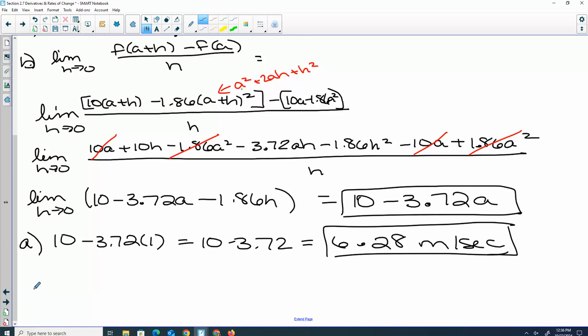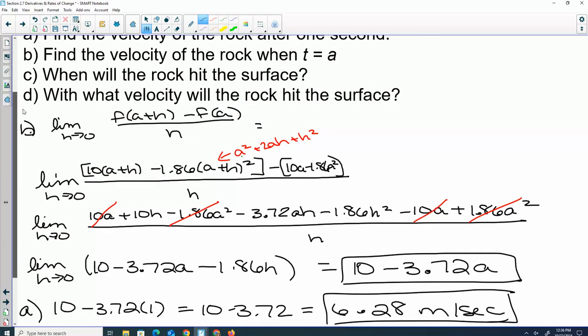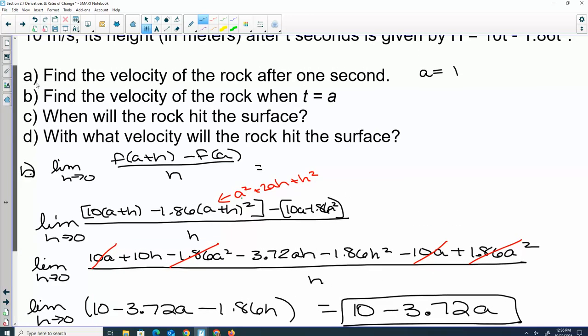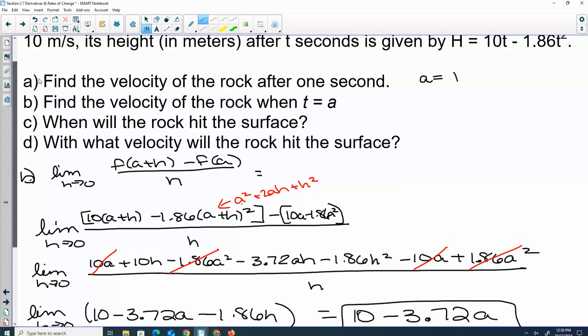Okay, so we get 6.28 meters per second. All right, C. I want to know, when will the rock hit the surface? That's not asking for the velocity. If it hits the surface, what does that mean? The height is 0.